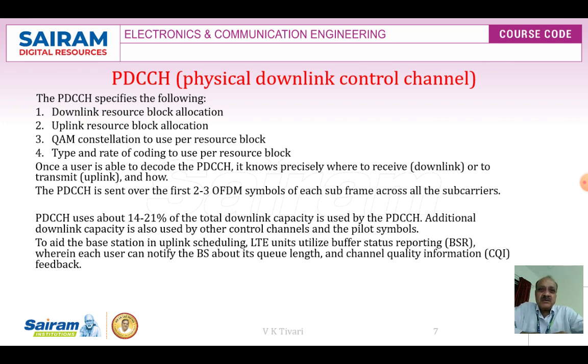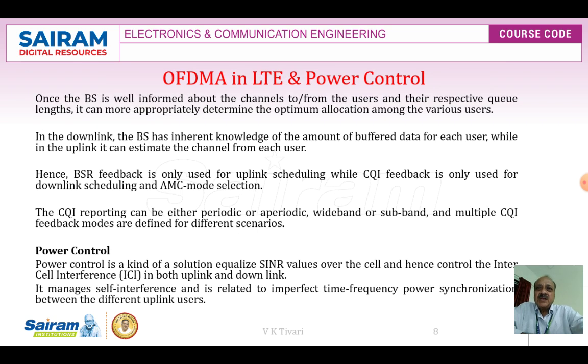LTE units utilize buffer status reporting, whereby each user can notify the base station of its queue length, and channel quality information feedback. OFDM LTE power control. When the base station is well informed about the channels to and from the users and the respective queue lengths, it can more appropriately determine the optimum allocation among the various users.